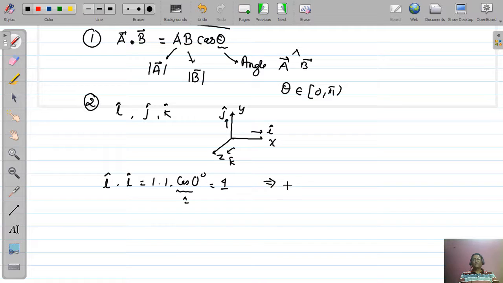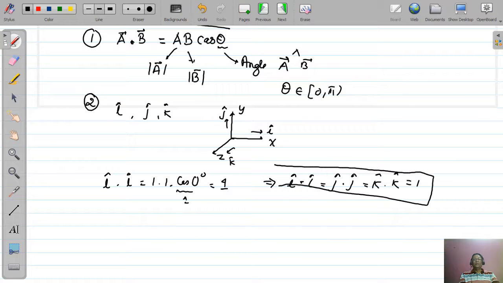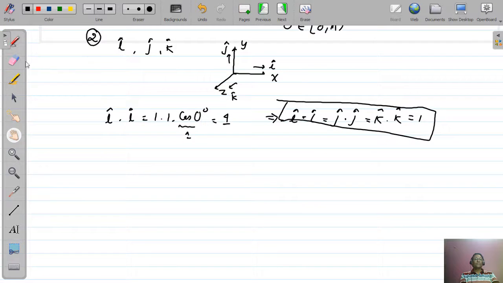That means we can write vector i dot vector i equal to vector j dot vector j equal to vector k dot vector k equal to 1. This is to be memorized. Similarly, if I take the unit vectors i dot j, it is equal to the magnitude of the first vector into the magnitude of the second vector, that is 1 into 1 into cos of the angle between them.